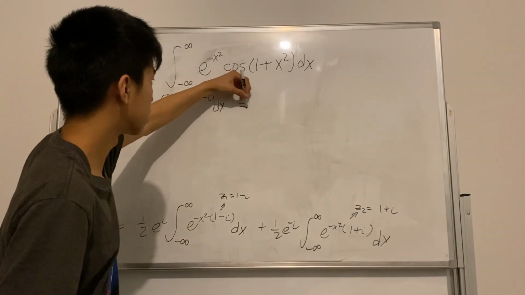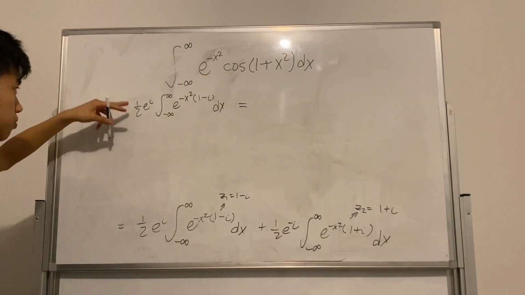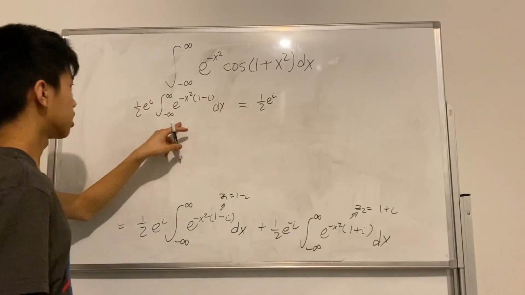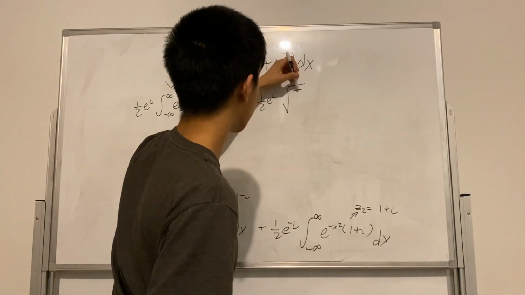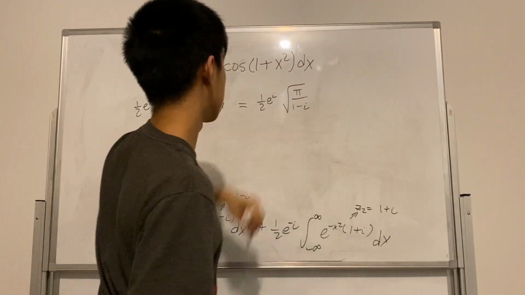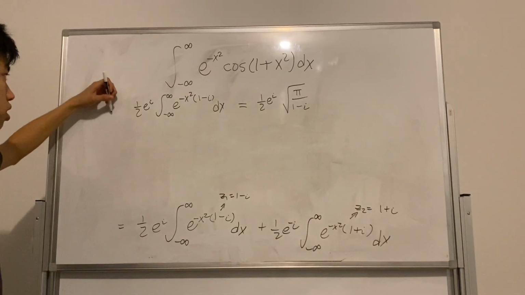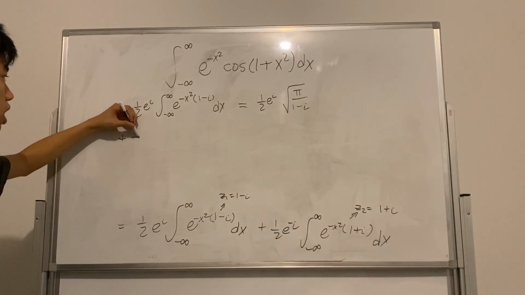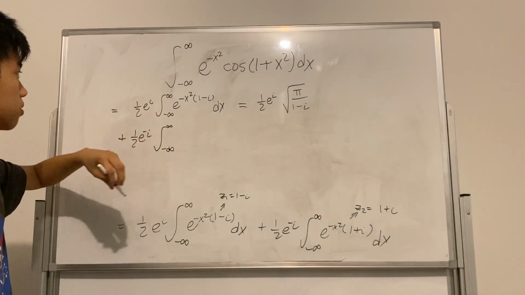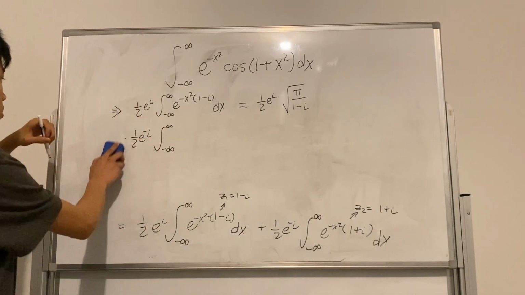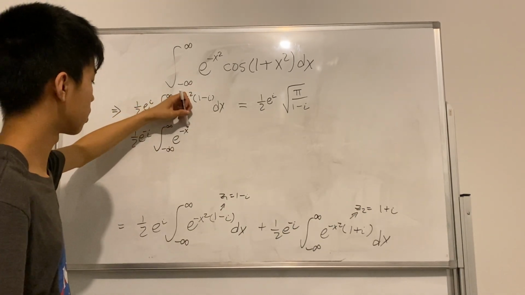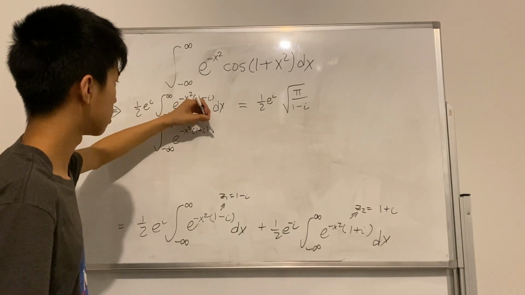So this is going to be equal to 1/2 e to the i times the square root of pi over what we have in here, 1 minus i, plus 1/2 e to the negative i times the integral of e to the negative x squared times 1 plus i dx.